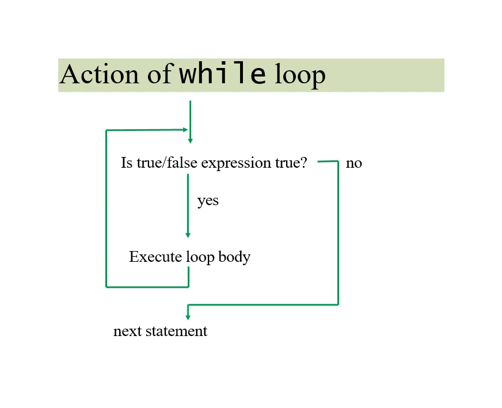After you do that, you go back up to the point where you evaluate the expression again. If it's still true, then you do the loop body again. Then you go back up and reevaluate the true-false expression. As long as that expression is true, it just keeps repeatedly executing the body of the loop, which could be a single statement, or 20 statements in the form of a compound statement.